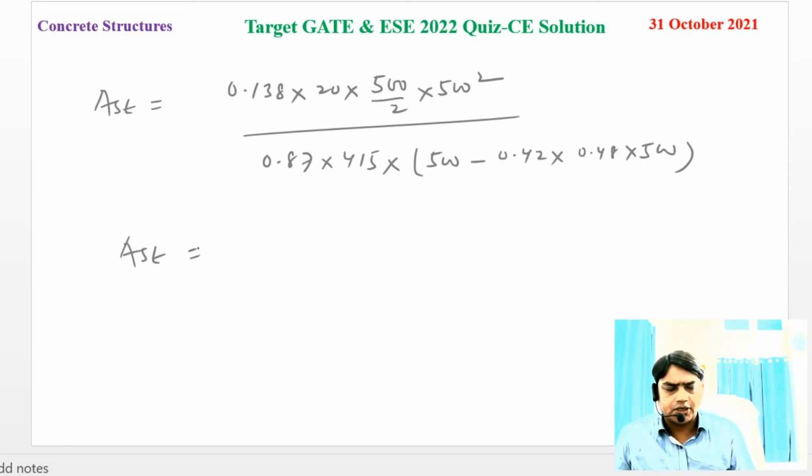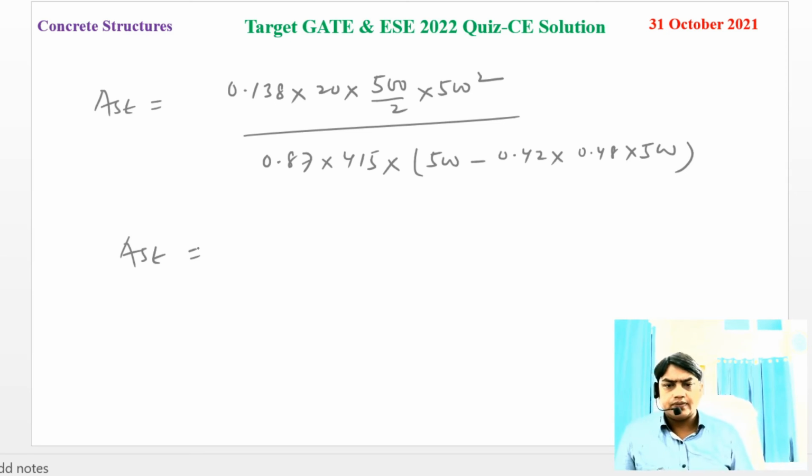So area of steel can be computed as 0.138 into 20 into 500 to the power cube divided by 2 into 0.87 into 415 into 500 minus 0.42 into 0.48 into 500.